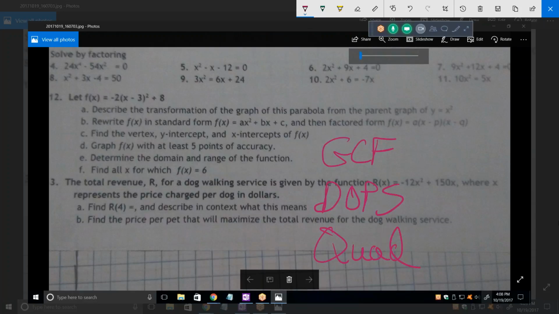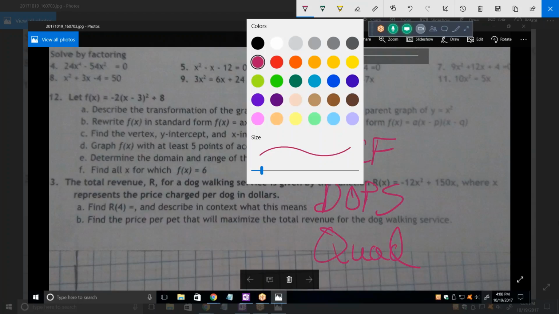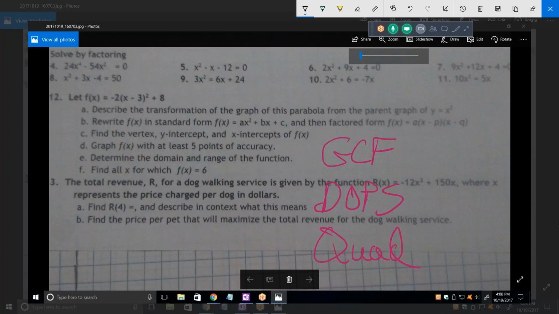Okay? So, on number 4, that's not a typical quadratic. Is there a greatest common factor that we can take out of number 4? Six. Well, that's the highest number we could take out.